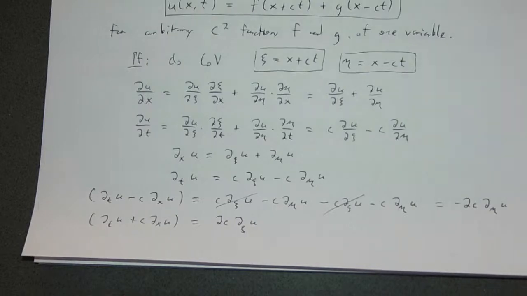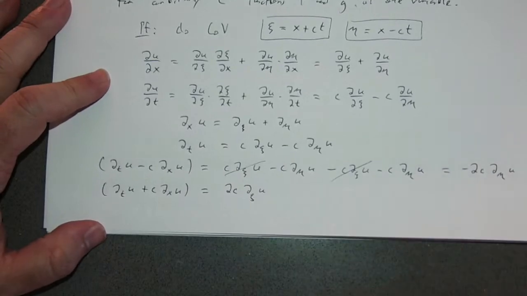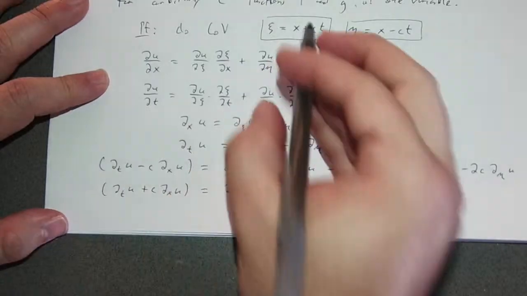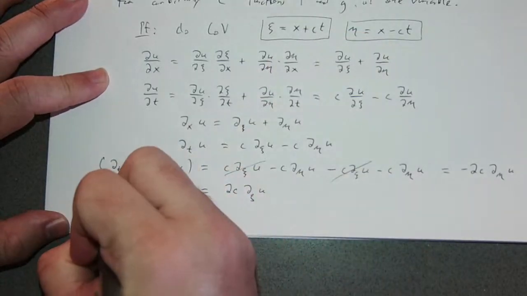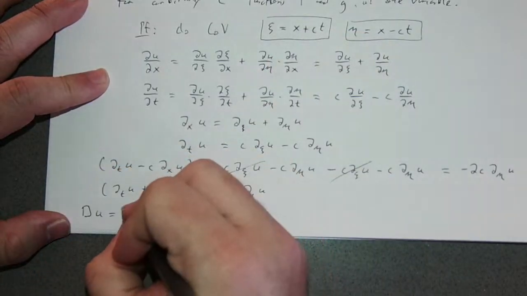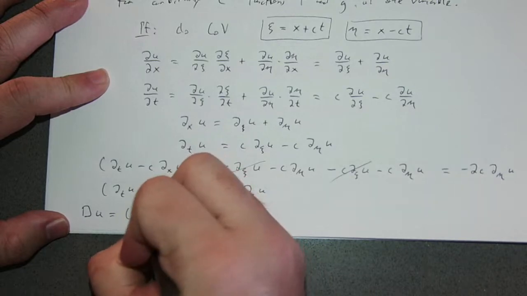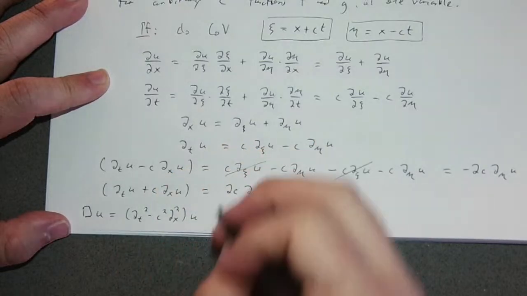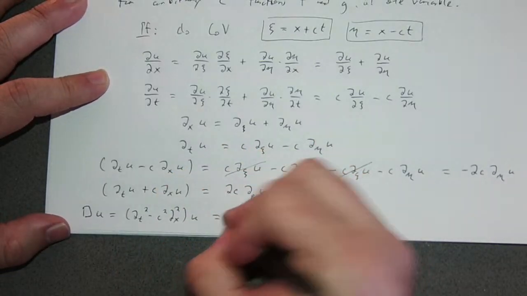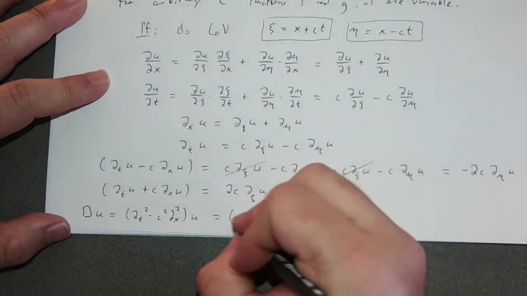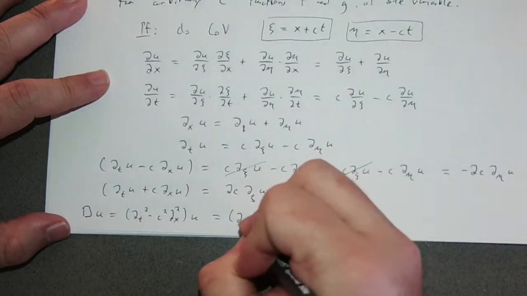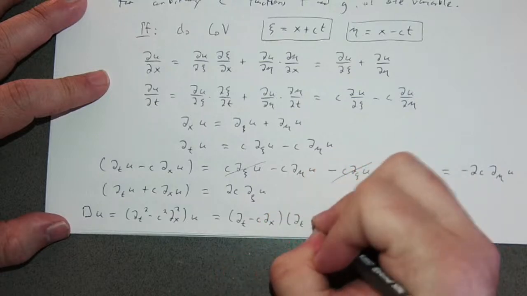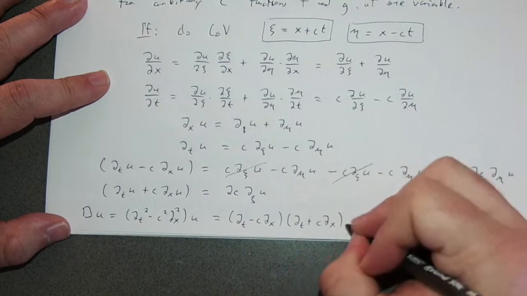And so, what do I get when I try to put my wave operator, box u, which is del sub t squared minus c squared del sub x squared of u, in this factored form? Factoring my operators gives del sub t minus c del sub x times del sub t plus c del sub x applied to u.